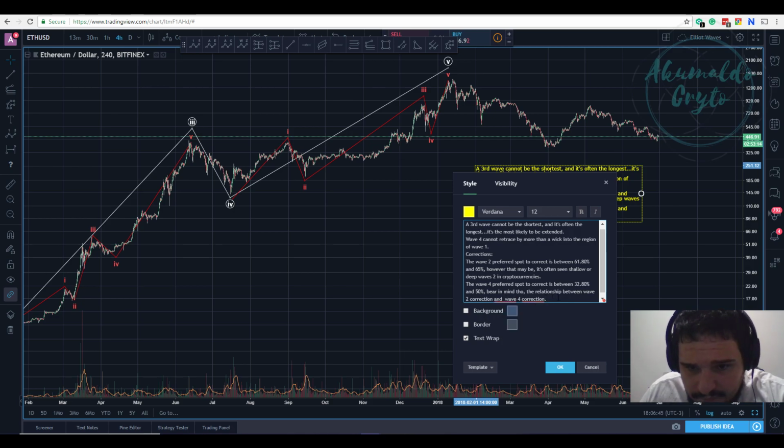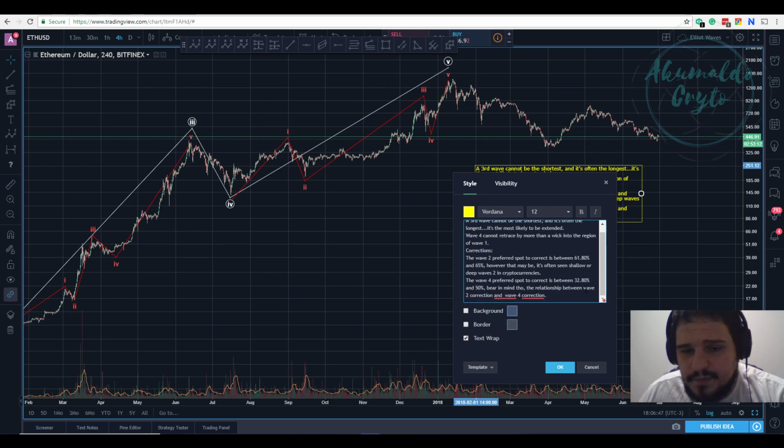Bear in mind the relationship between wave 2 correction and wave 4.